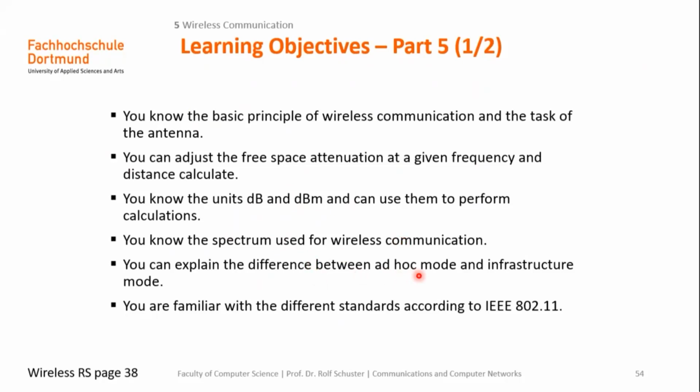This is typically an ad hoc mode, and infrastructure mode is typically when we use one or more access points. You are familiar with the different standards of the IEEE 802.11 standard family.